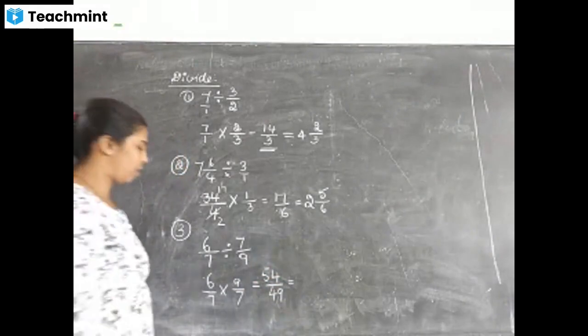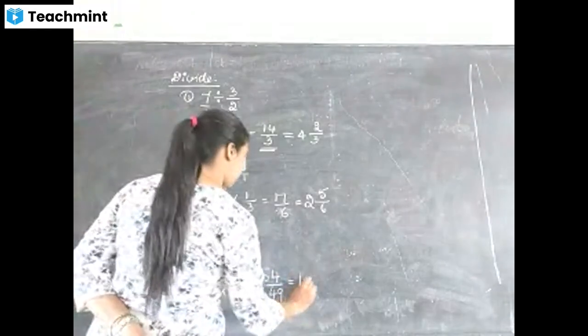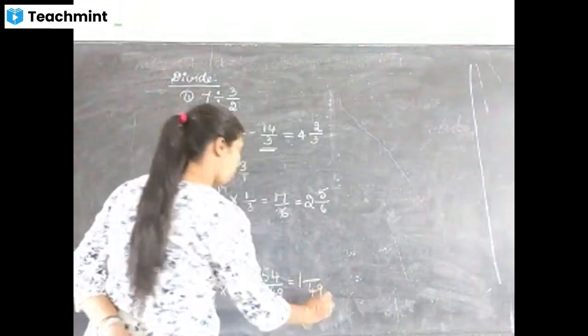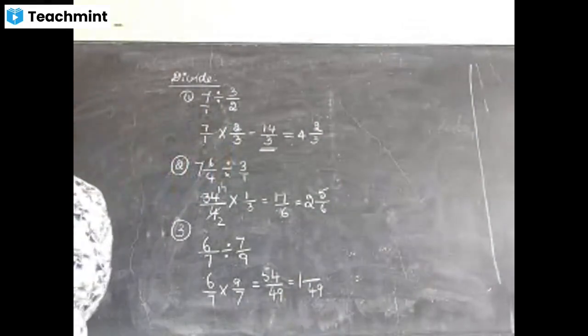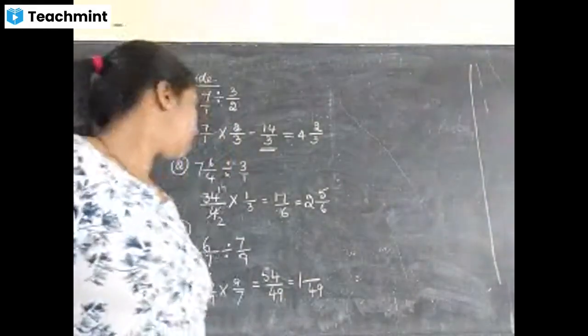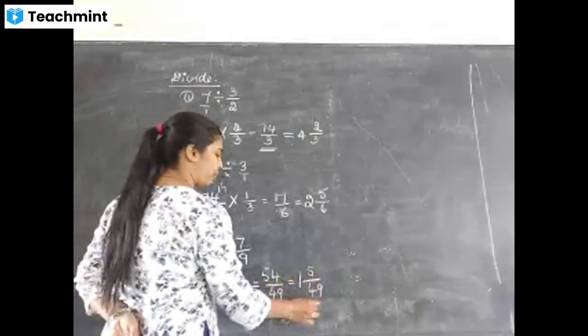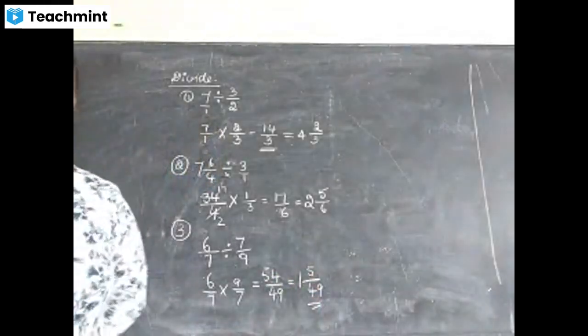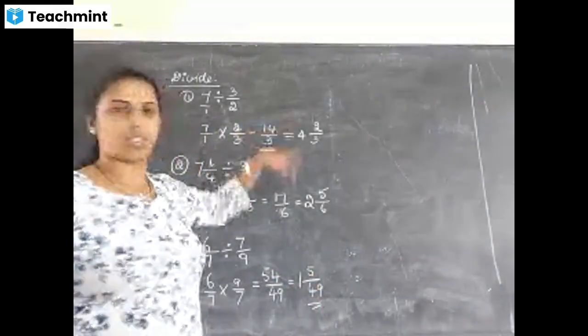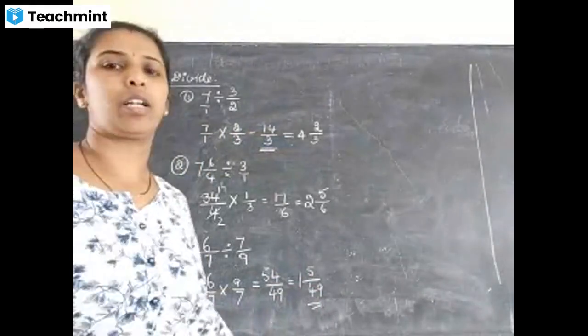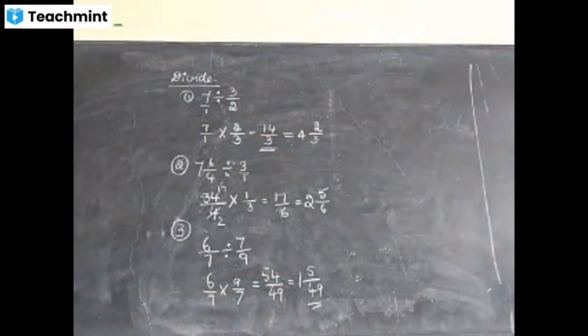Convert to the mixed one. 49 ones are 49, divided by 49. How much remains? 49 to 54, how much gap is there? 5, no? So it is 5. Otherwise, divide and see what the quotient and remainder you get. This is the method for the division, okay?